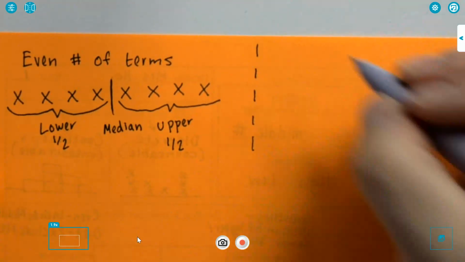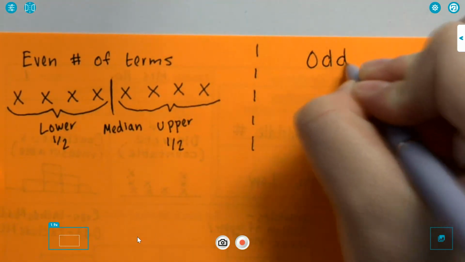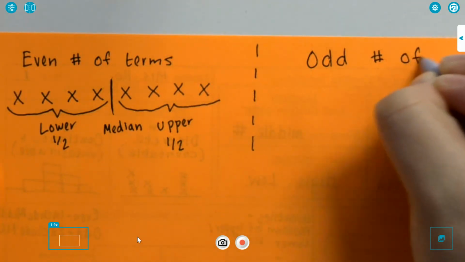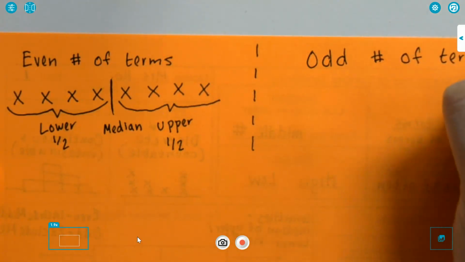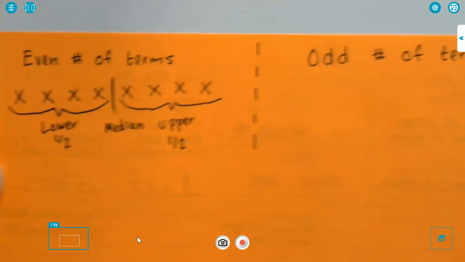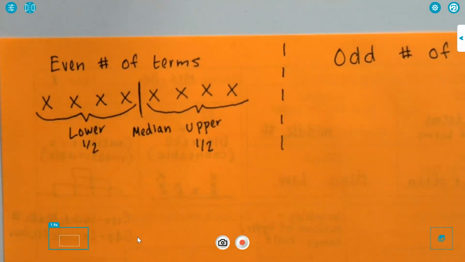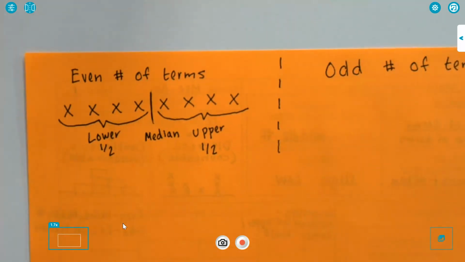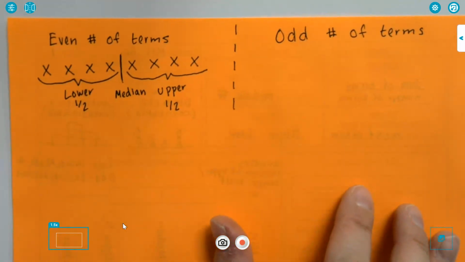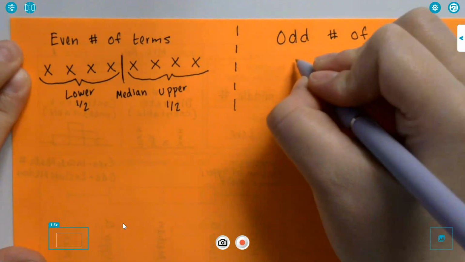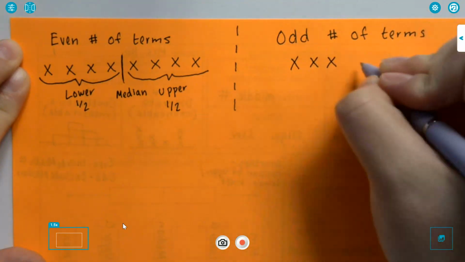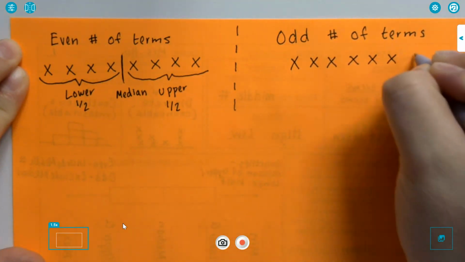If you have an odd number of terms, so I'm going to draw, do we have that one? We good with that one? Before I scoot over. I guess I can just zoom out a little bit. People forget. Okay, I'm going to draw 7 x's. That's an odd number. So 1, 2, 3, 4, 5, 6, 7.